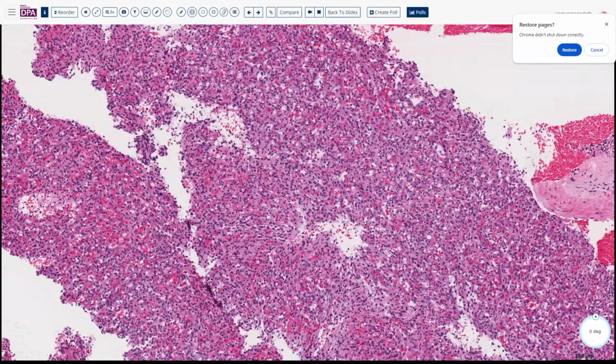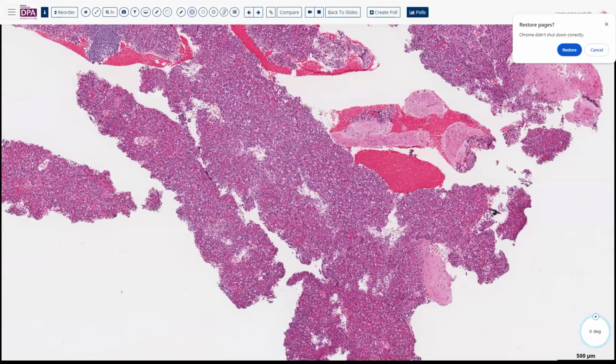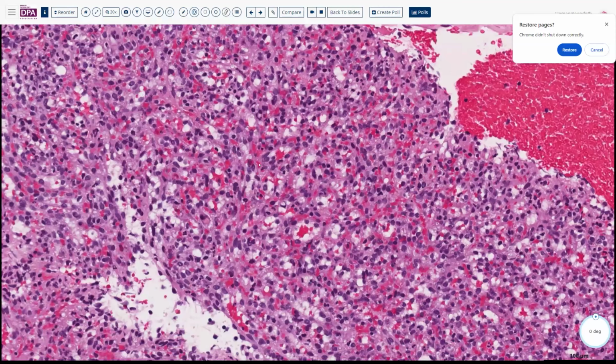Looks very hemangiomatous. Not a high degree of atypia, although we did do a Ki-67 stain and had a not inconsequential proliferation rate in this tissue.